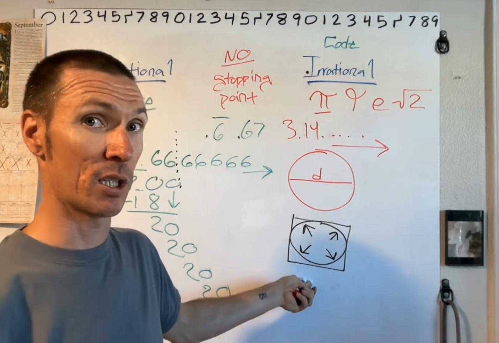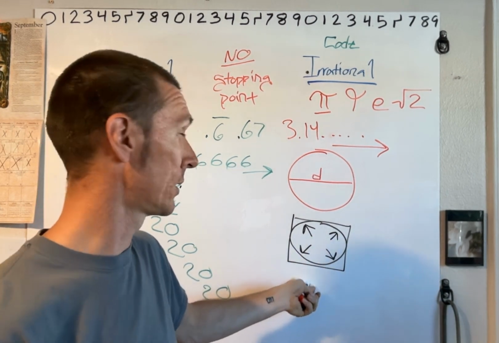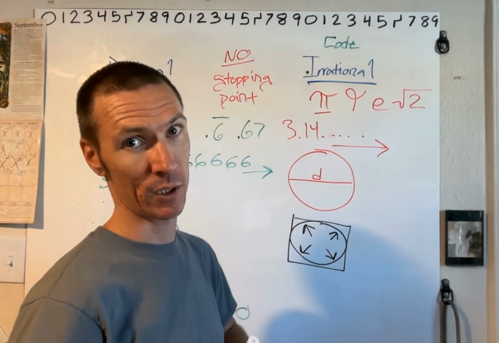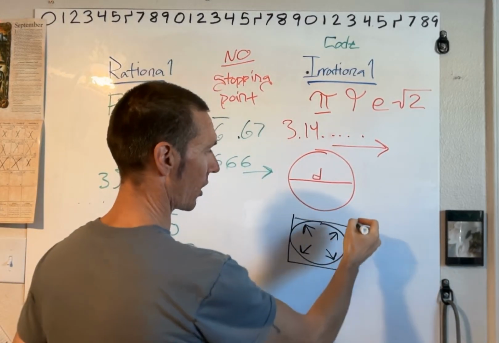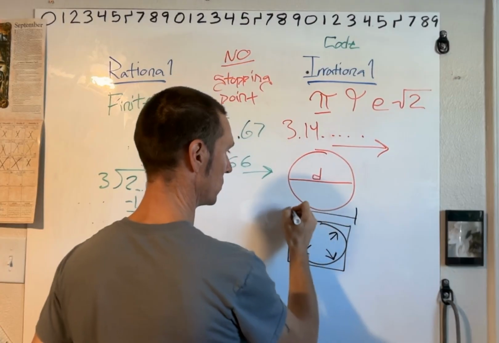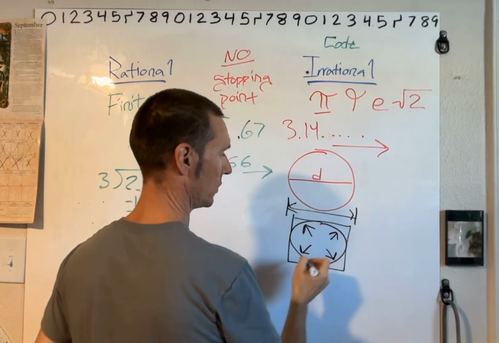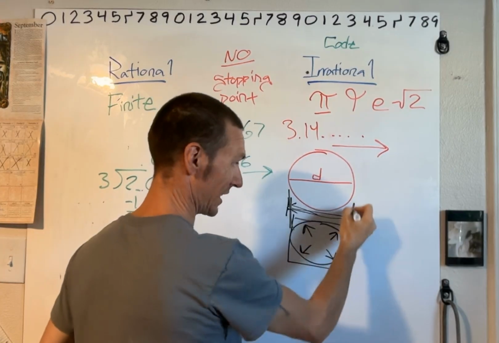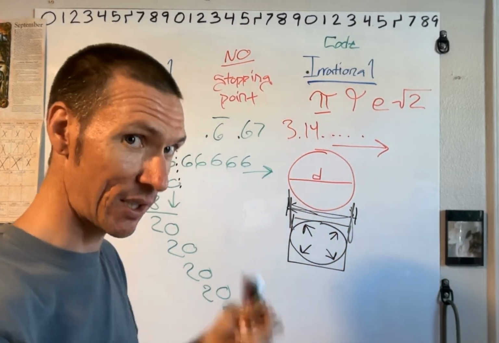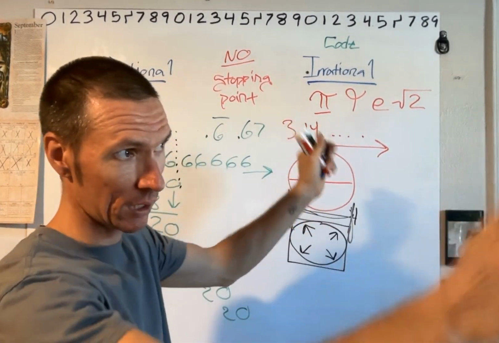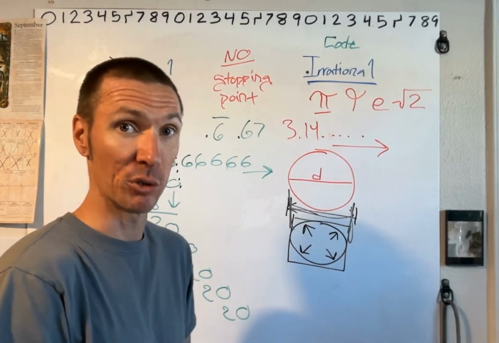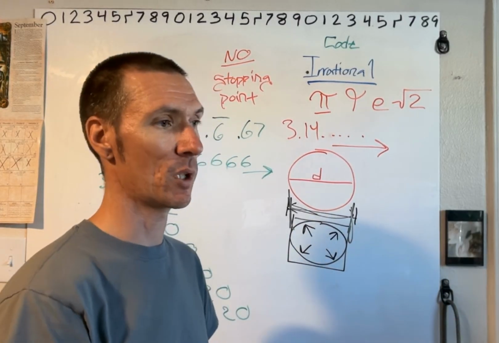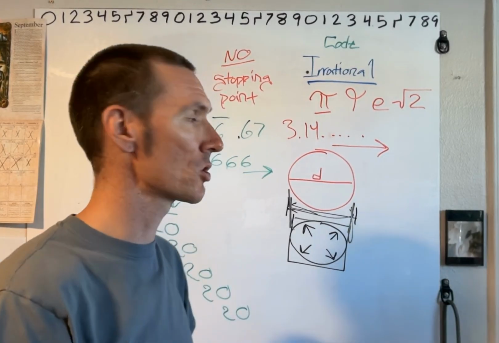Every shape can be represented as a circle. It can. But squares are easier to work with because they have stopping points. With a square, you can measure from here to here, and it comes to this and it stops, and it goes to this and it stops. Squares have stopping points, which is why the world and buildings and houses and everything is built on squares. It's because you can build on squares.